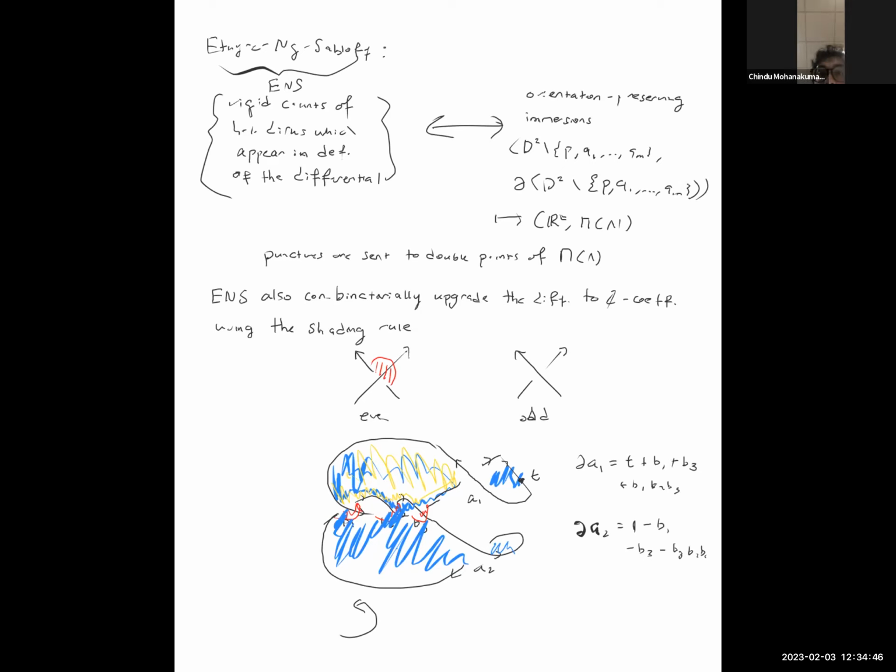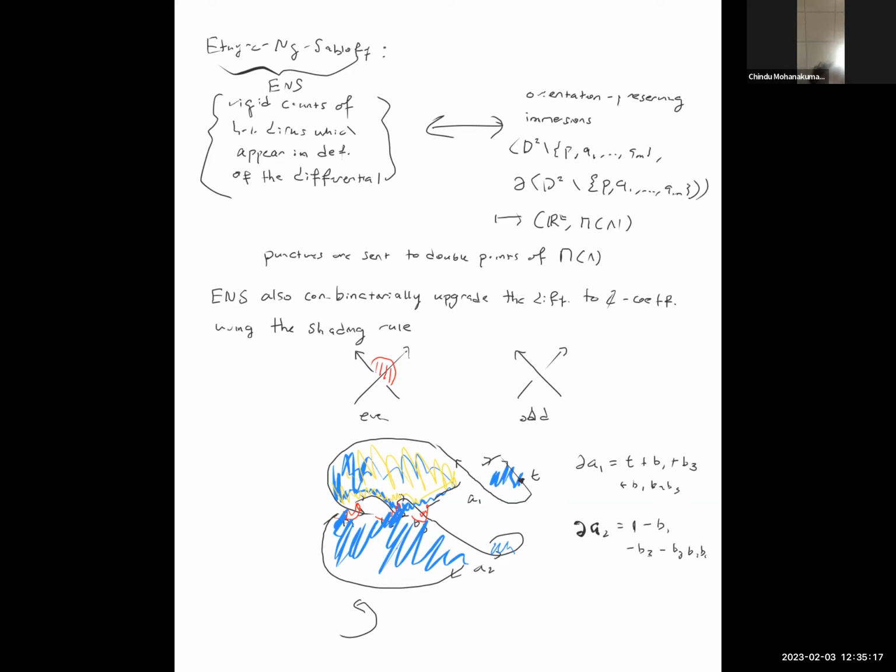So did you say T was? So T, the T base variable, is needed to upgrade the grading of the Reeb chords. It's not about the count of the differential. It's about the grading of the Reeb chords, upgrading that to Z. Okay.